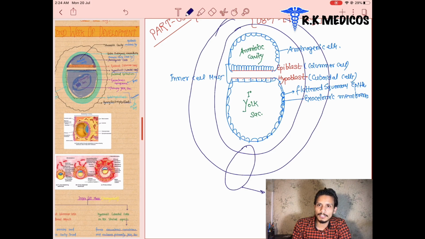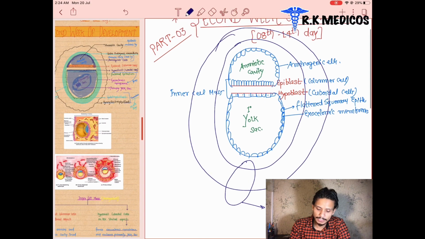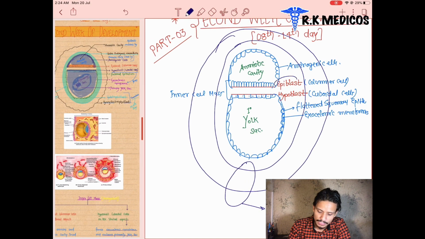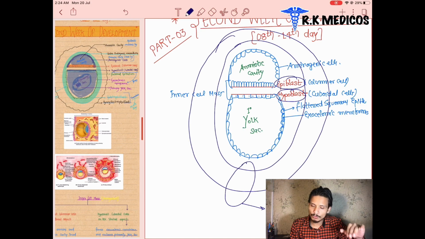We know by heart there is a trophoblast layer and an embryoblast layer. The embryoblast is the inner cell mass. The inner cell mass is divided into two parts, the epiblast and hypoblast. The epiblast is enclosing a cavity called the amniotic cavity, and the hypoblast is enclosing a cavity called the yolk sac cavity.